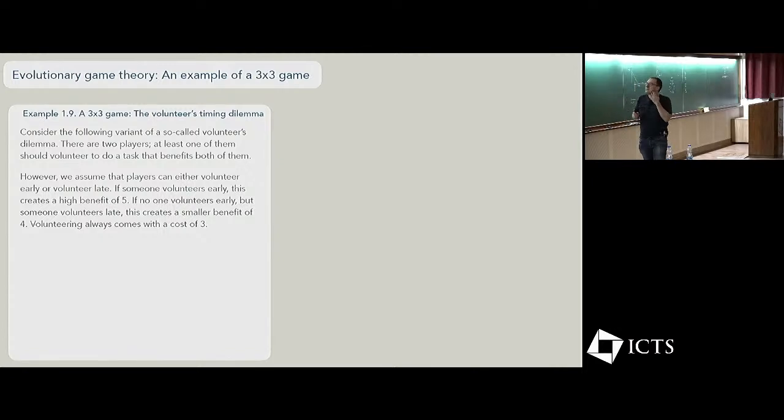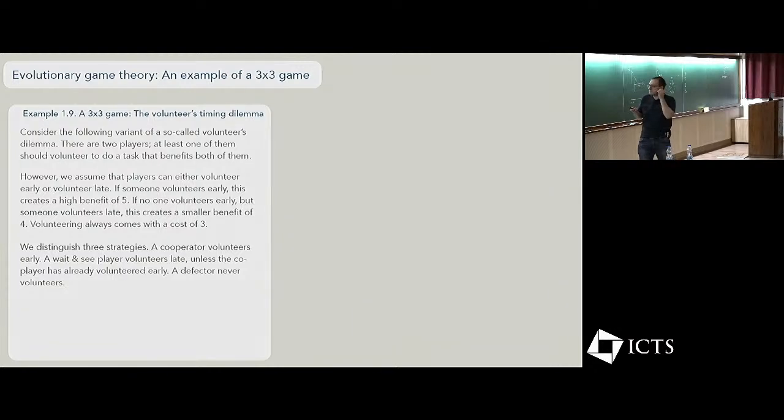So the rules here are now that if someone volunteers early, everyone gets a benefit of 5, because everyone is really happy that the kitchen is clean. If no one volunteers early, but someone volunteers late, people still get a benefit of 4. They really hate living one more day in a dirty kitchen, but they are happy that at least on day 2 things are clean. And the rules are such that volunteering comes with a cost of 3.